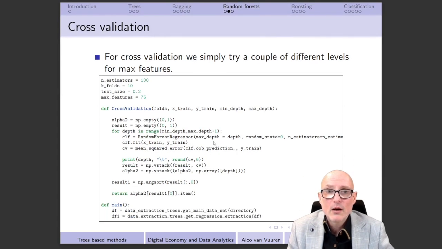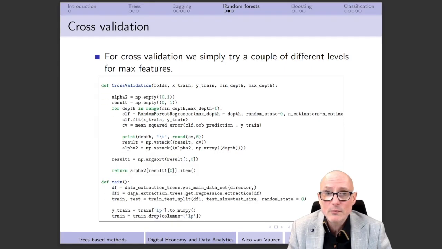Here we have the random forest regressor, where apart from the estimators we also have the maximum number of features, in our case equal to 75. Apart from that, everything is exactly the same as with bagging, so I'm not going to say too much about that.